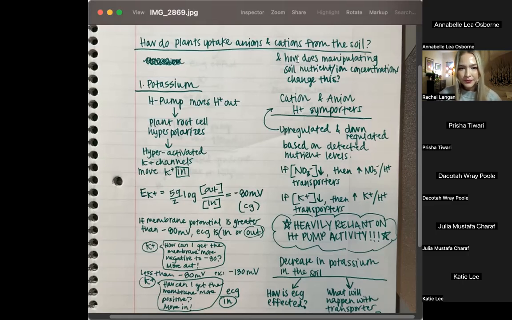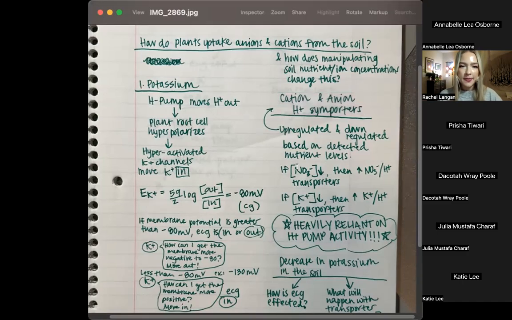Okay. So the other effect of changing the soil nutrient and ion concentrations is we see changing the amount of cation and anion hydrogen symporters. So basically the plant cell can sense whether the nutrient levels are high or low, and it will make more or fewer symporters in response.